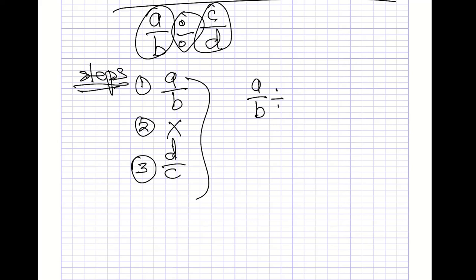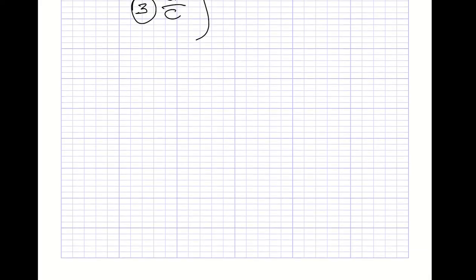So A over B divided by C over D becomes A over B, you leave it alone, and then you say times, you flip this one to D over C. That's it. So division is turned into multiplication, and you know all the steps for doing multiplication. So let me show you a couple of examples, and then we close this thing.